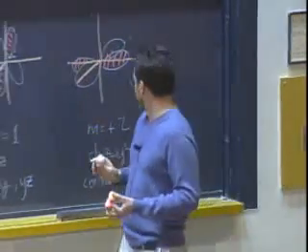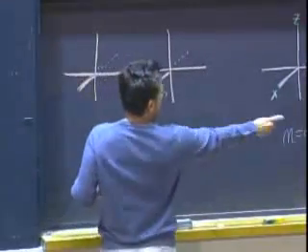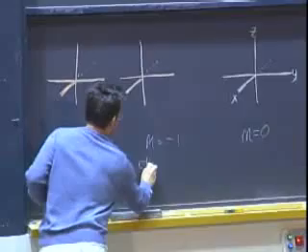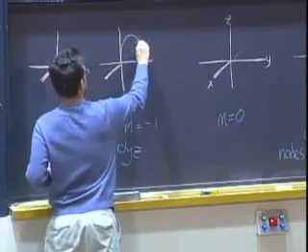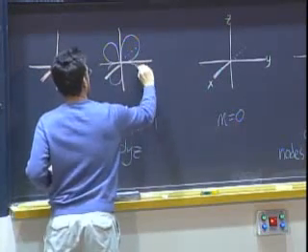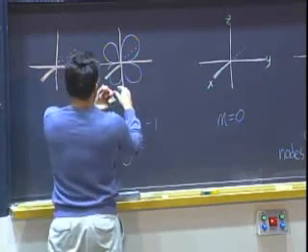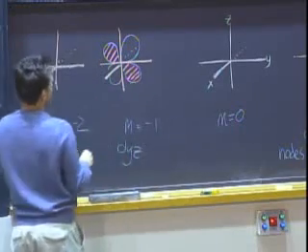And those are the nodal planes for dx squared minus y squared. In addition to that dxz orbital, I have a dyz orbital, which is located with its lobes lying between the y and z coordinate axes. And it will have phasing as indicated here in pink.